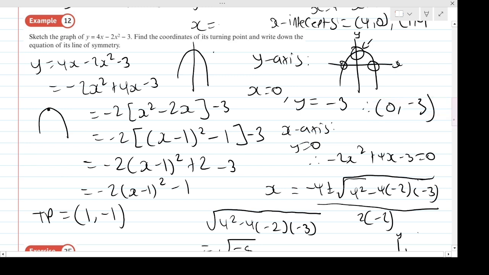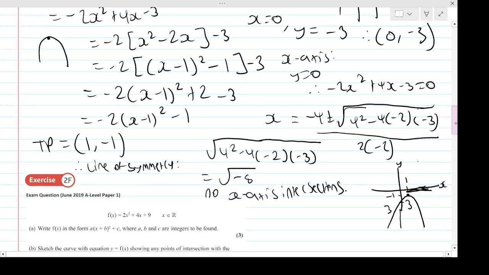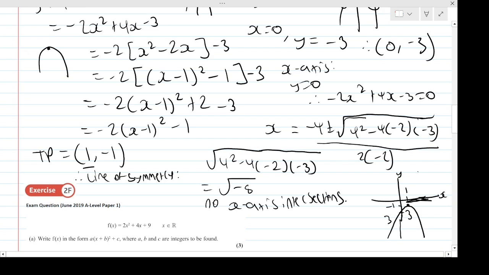We worked out the turning point to be (1, -1). Therefore, the line of symmetry, if we write it down here, is going to pass through the turning point, and the x value of the turning point is 1, isn't it? Down here. So the line of symmetry therefore is x = 1.